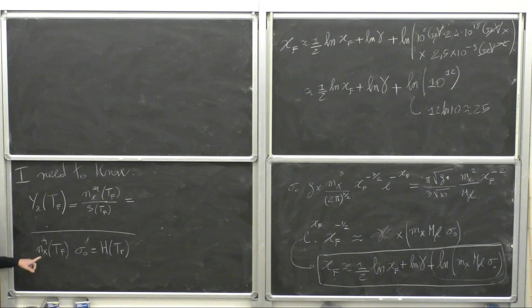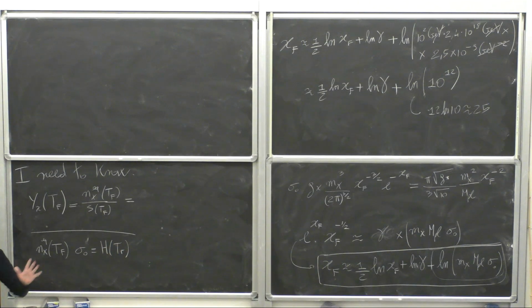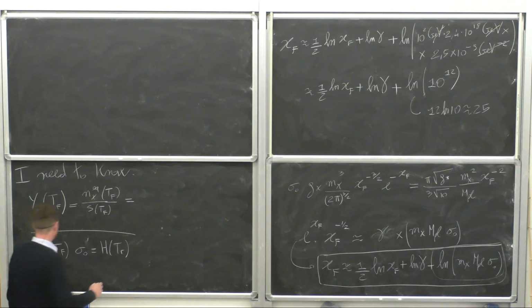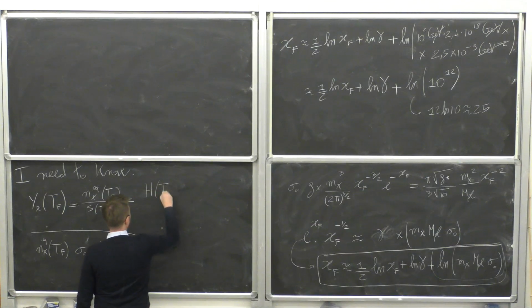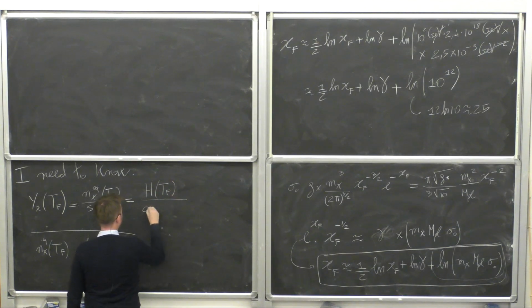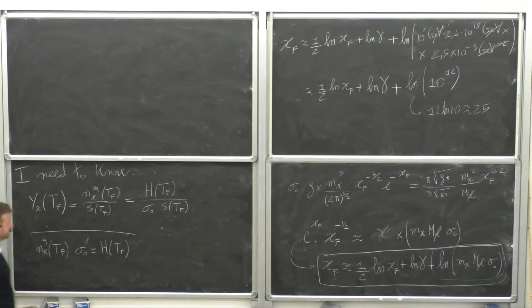Then I take n chi from here, so I immediately avoid dealing with the exponential factors. Everything is a power law. The one I was doing before was not wrong, just not as convenient. So I have H(T_F) divided by sigma_0 s(T_F). Very easy.